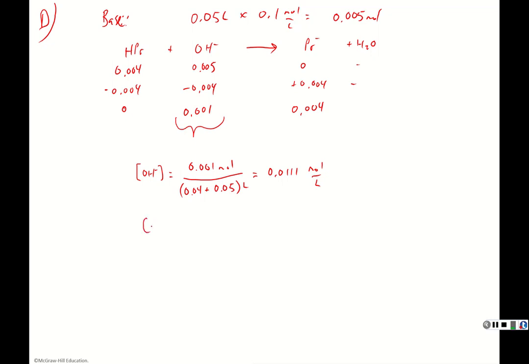What we really care about is H3O+, because that is what we use to calculate pH. Remember the relationship with Kw: OH- times H3O+ has to equal Kw. If you know one, you can solve for the other using that Kw expression. So this is something like 9 times 10 to the minus 13 molar. And then pH is just going to be the negative log of that.